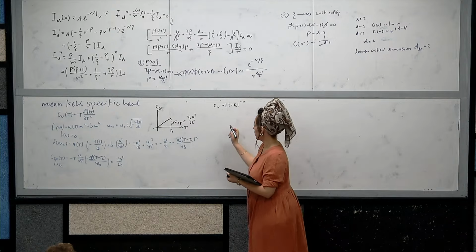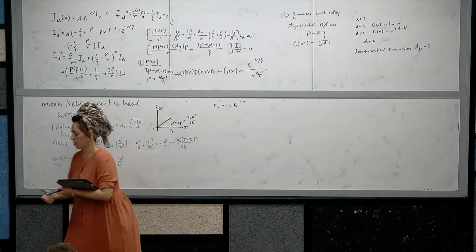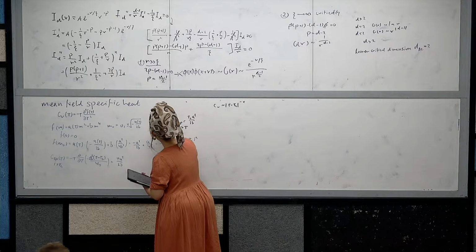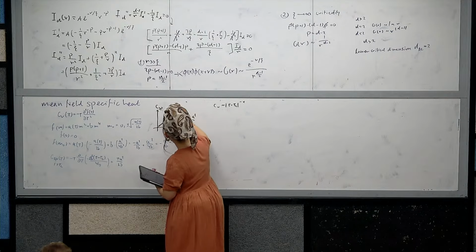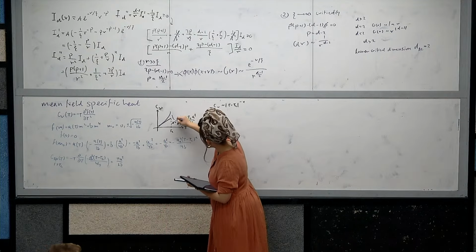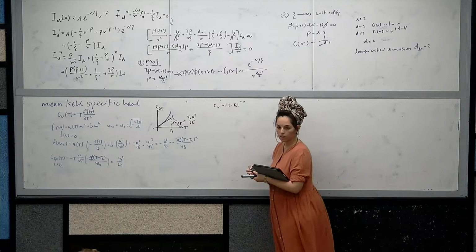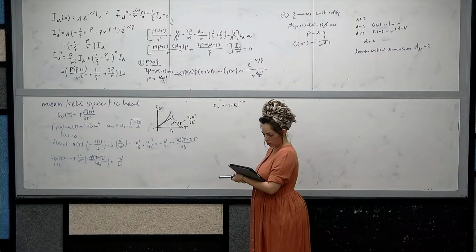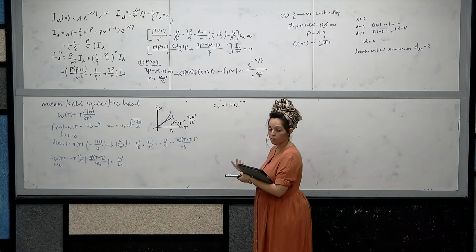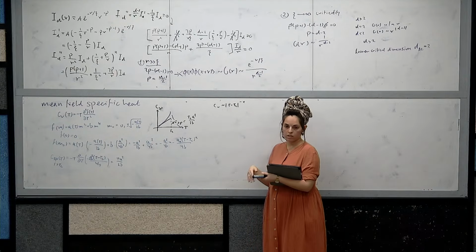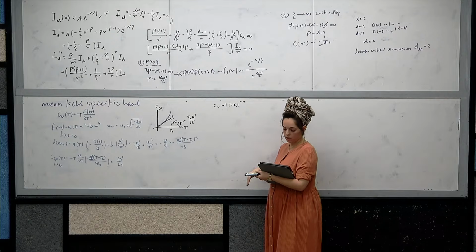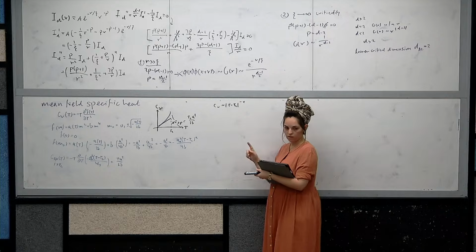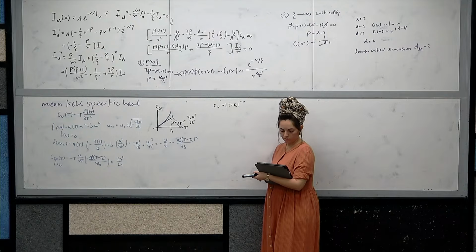Okay, it means that it should look maybe something like this. So now we will add fluctuations, and we will see that they actually can explain this divergence.